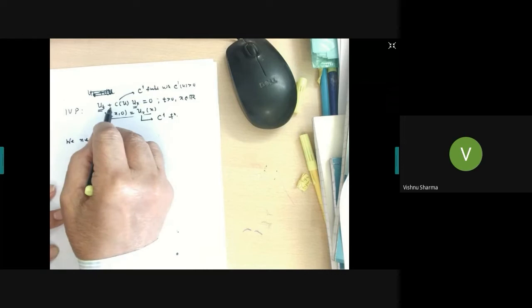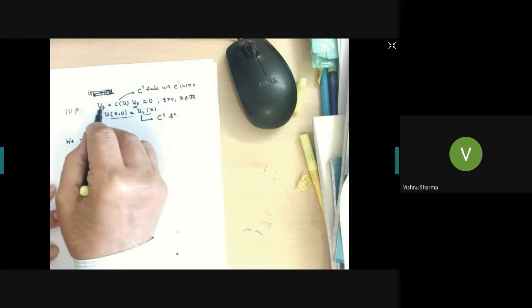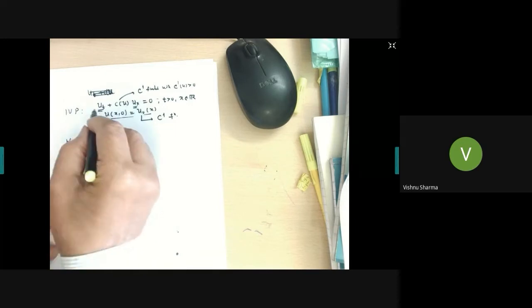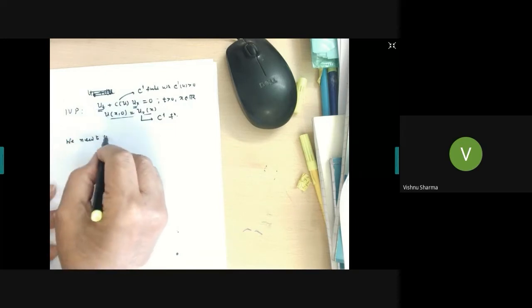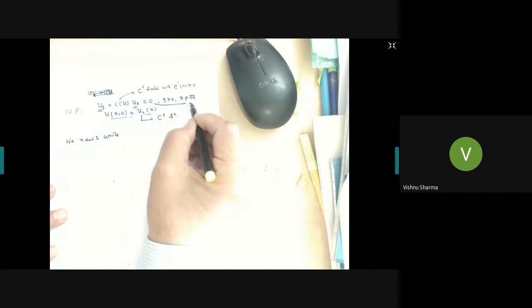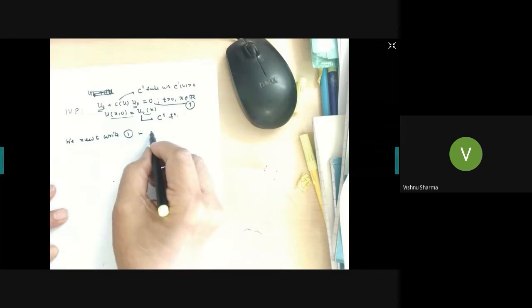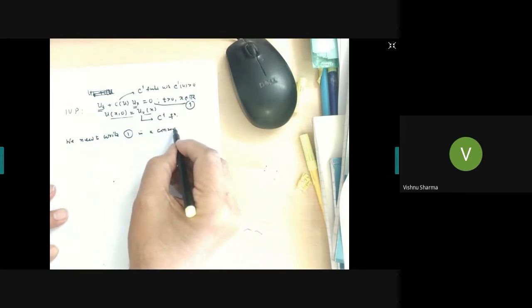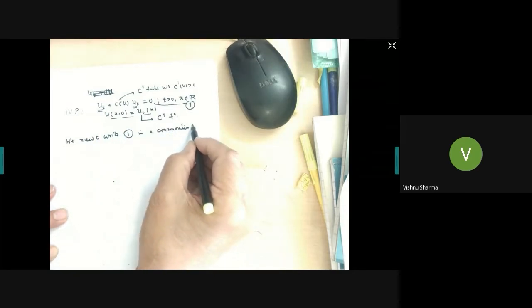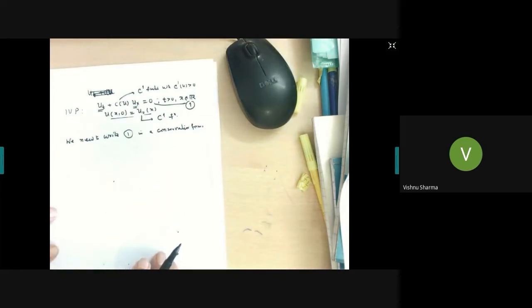So in order to extend the validity of the solution, what we do first, we write this differential equation, let me call it 1, in a conservation form. What is a conservation form?